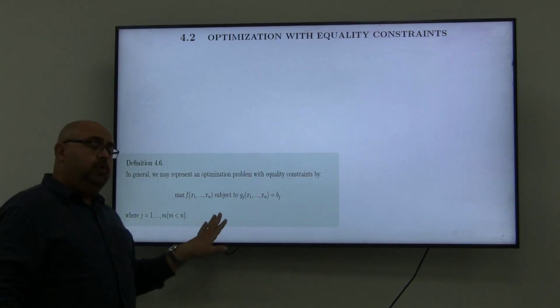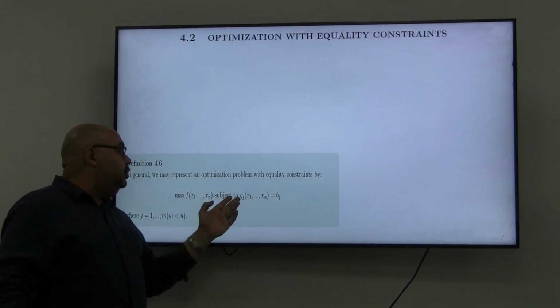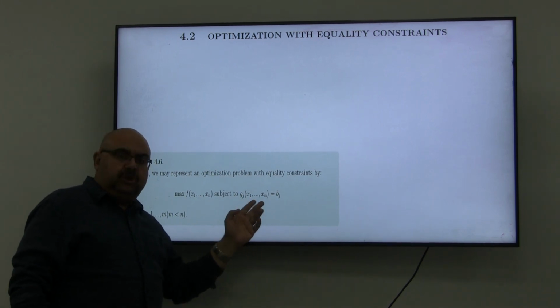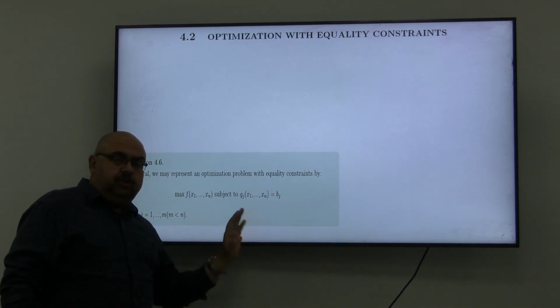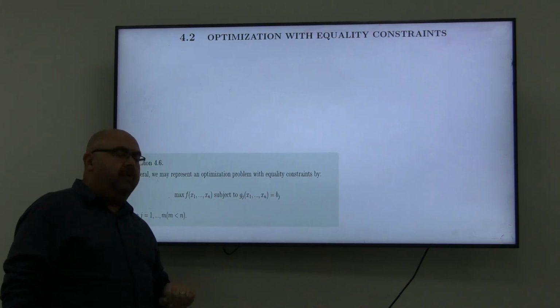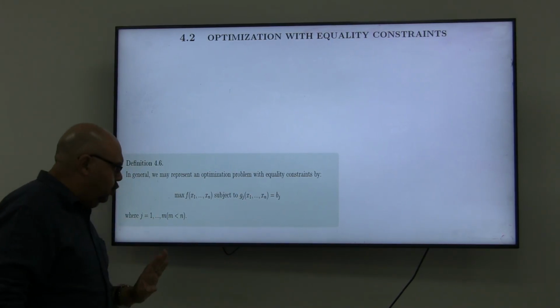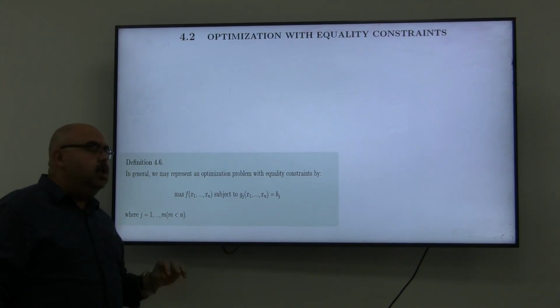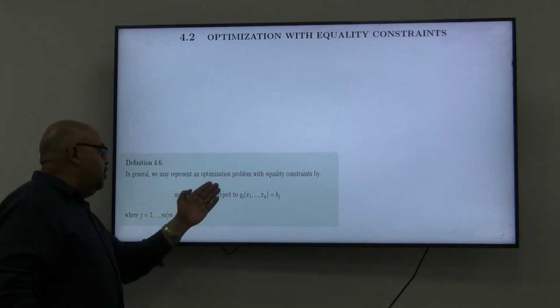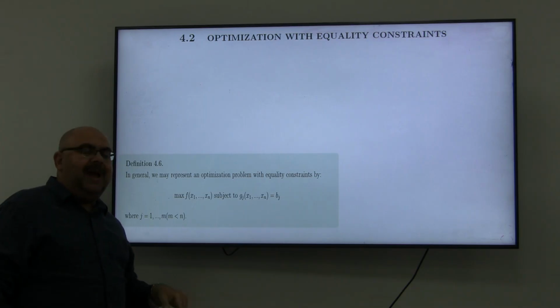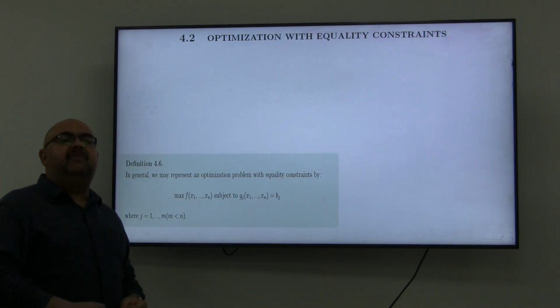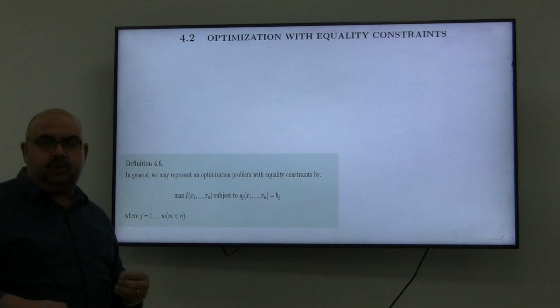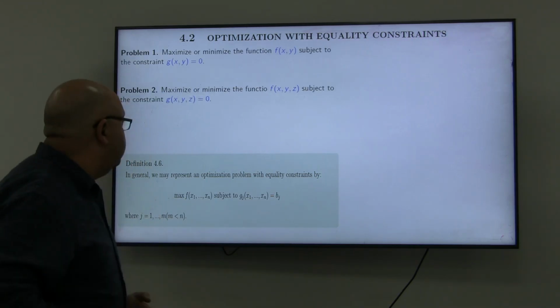In today's case, it will be subject to certain constraints, certain equations to satisfy, or a couple of equations. Usually, the number of unknowns or decision variables should exceed the number of constraints at least by one, just to give more freedom in choosing the optimal solution.